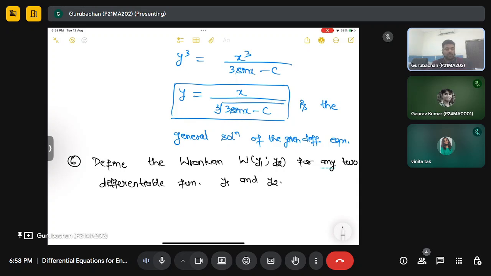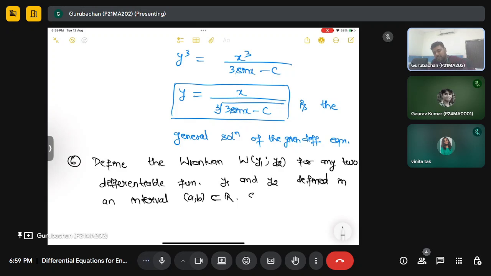This is our first task, and these y1 and y2 are defined, let's say, differentiable in the interval (a, b). So the natural question arises, why have we taken this open interval? The answer is obvious: we can guarantee differentiability only inside this interval. We can never be guaranteed at the endpoints of this interval, that is a or b.